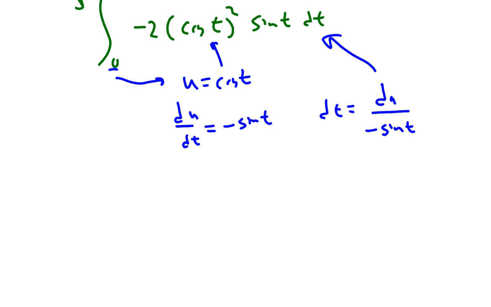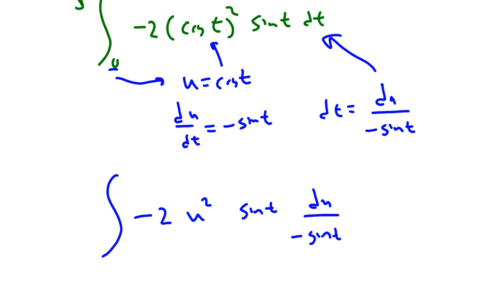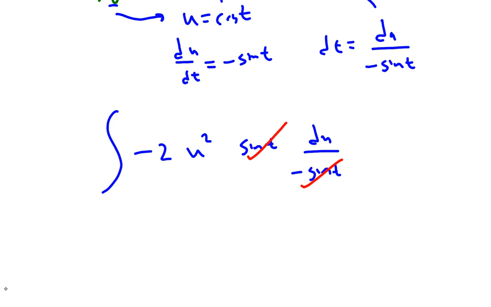So if I rewrite this integral, just ignoring the limits of integration for now, you get negative 2 u squared times sine of t times du over negative sine t. And this very nice thing happens: the t's cancel. You kind of know if you did a u substitution right if you get rid of your original variable. That's the whole point of it. And then this negative 2 and this negative 1 will cancel to a positive 2.